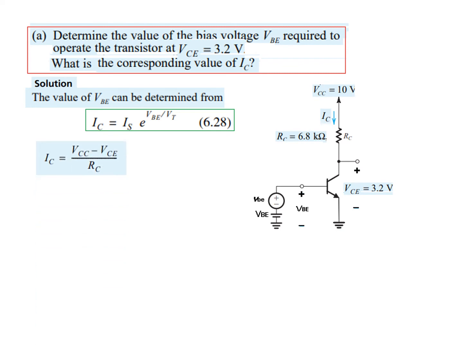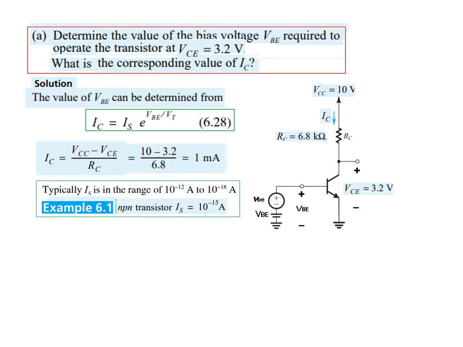So let's try to find IC first from this relation: VCC minus VCE, which is known, 3.2, divided by RC. So 10 minus 3.2 divided by 6.8, that is 1 milliampere. So the collector current, or IC DC current, is 1 milliampere. And now we'll plug it in here to get VBE.